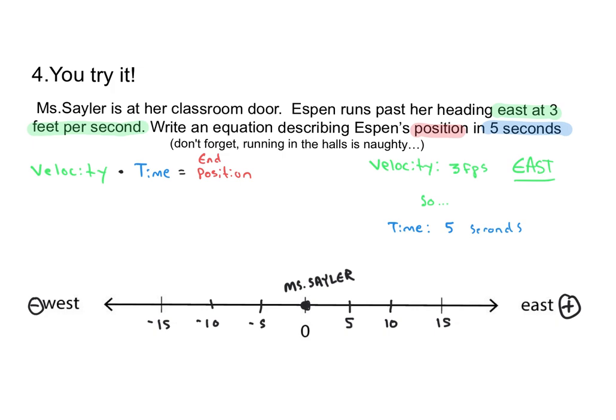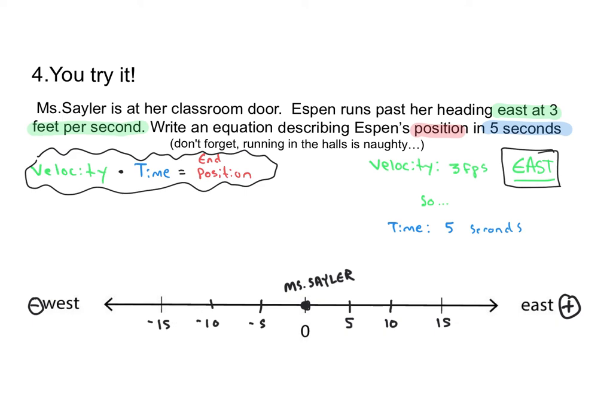So here's what I worked out. If we're using the equation, velocity multiplied by time is our end position. My velocity here is 3 feet per second east, which means that east are all of my positive numbers, so my velocity is a positive 3. My time is 5 seconds, and that's a positive number also.